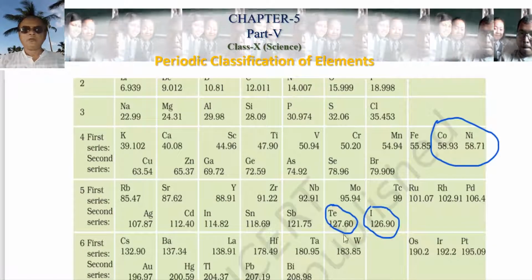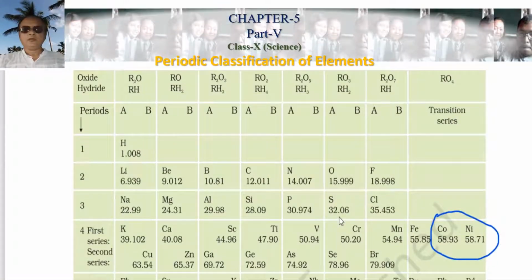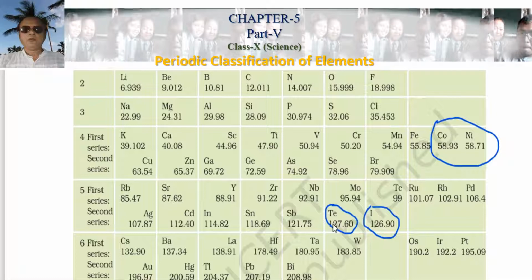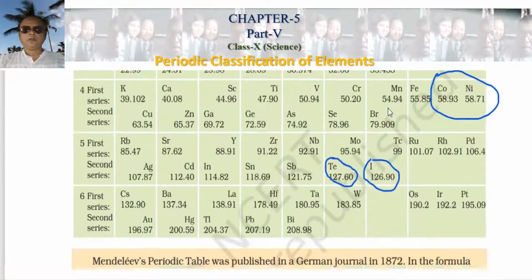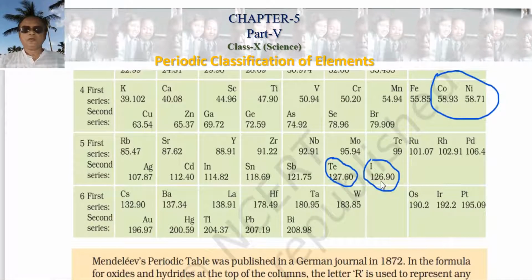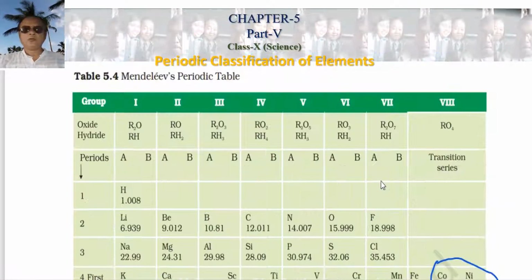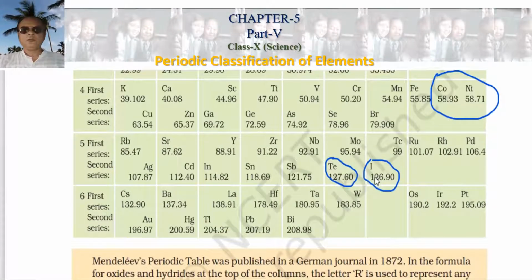See here, tellurium in group 6, its atomic mass is 127.6, and iodine is 126.9.